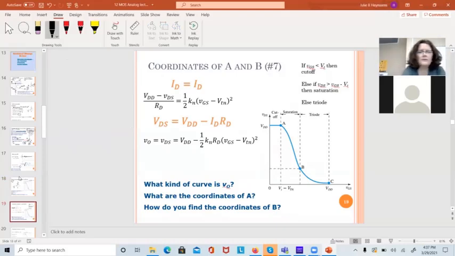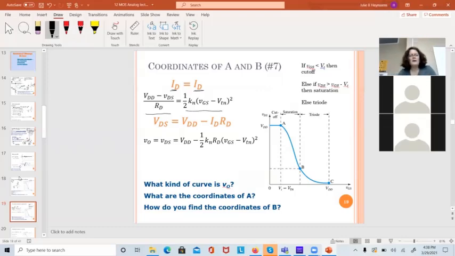The current through the resistor is right here, VDD minus VDS over RD. The current through the transistor is right there. They're in series, so they have to equal each other. Now we could rearrange that, and this is just another form of Ohm's law right here. Remember, it's VDD minus VDS equals IDRD.